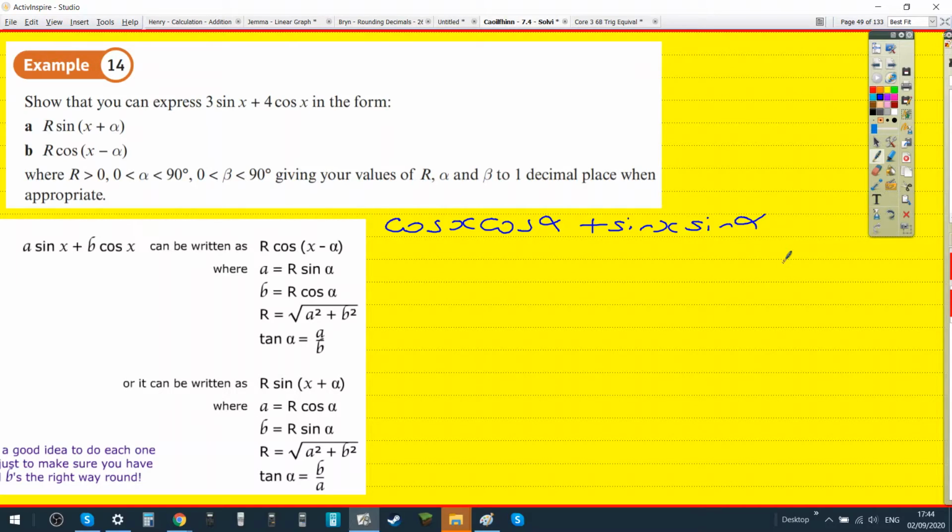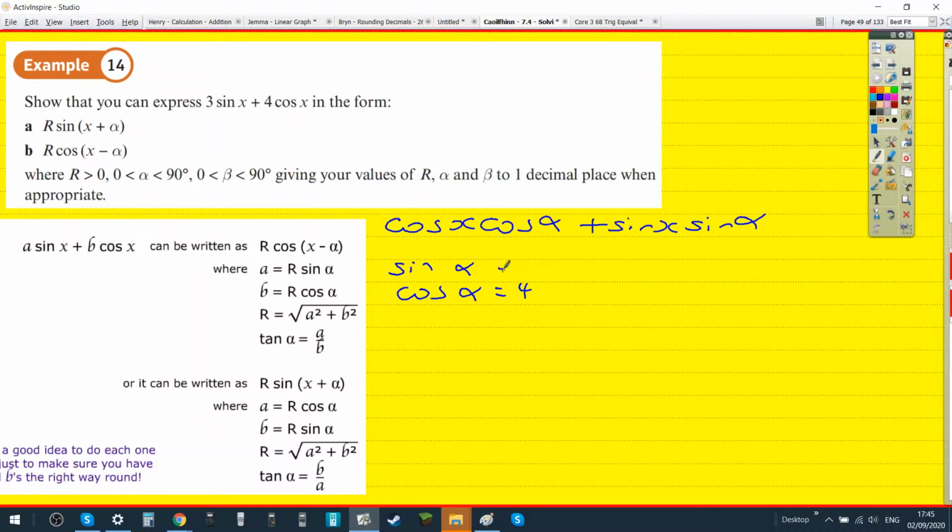Does that mean that cos alpha is equal to 4 and sine alpha is equal to 3?